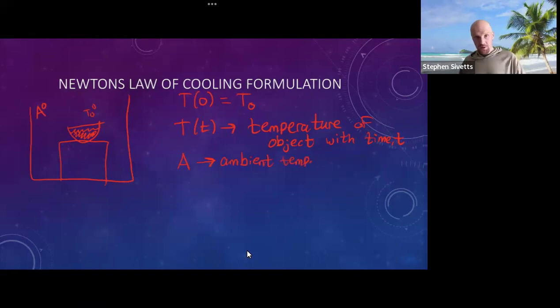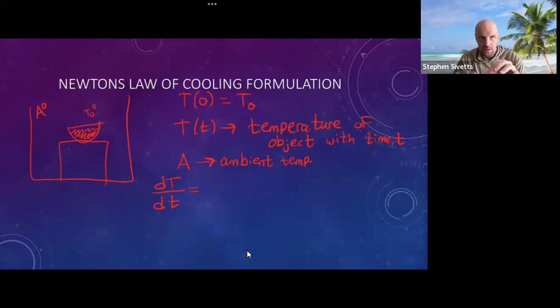This could be room temperature or outdoor temperature or what have you. So it's the temperature of the surroundings of the bowl, or the object. What we want to look at is a differential equation of capital T, the rate of change of the temperature of the object with respect to time.